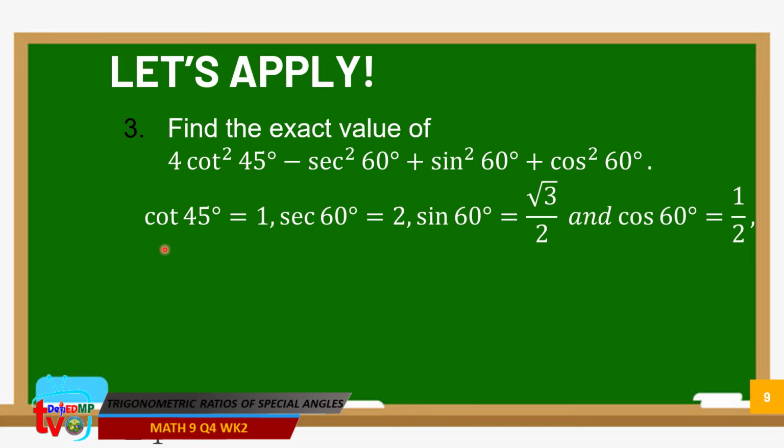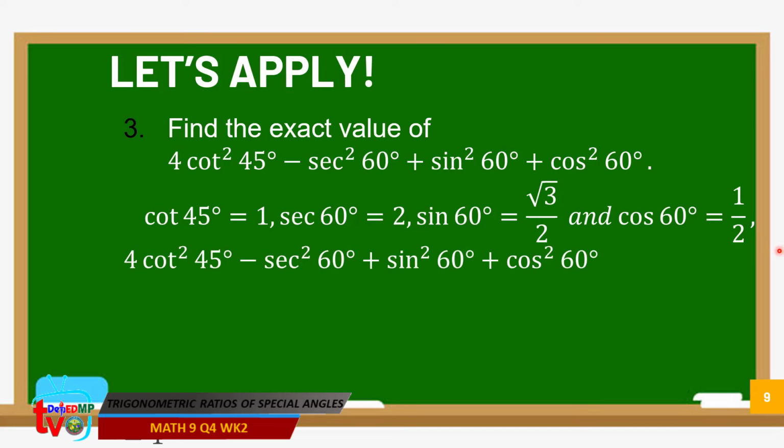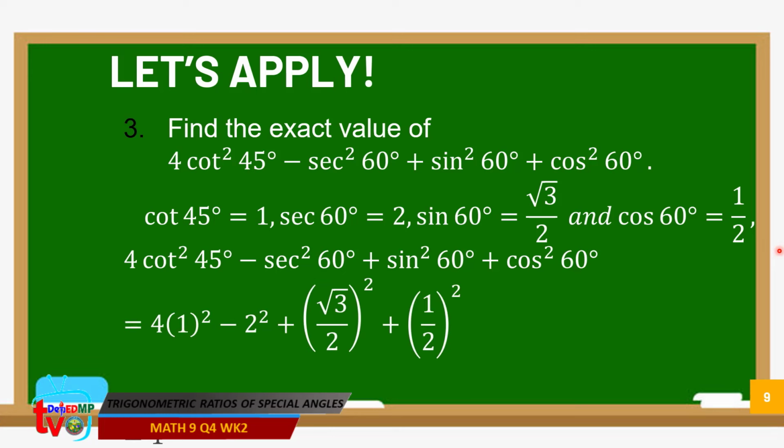So we know that cotangent 45 is 1. Secant 60 degrees is 2, sine 60 degrees is square root of 3 over 2, and cosine 60 degrees is 1/2. Let us then substitute the values of the trigonometric ratios.